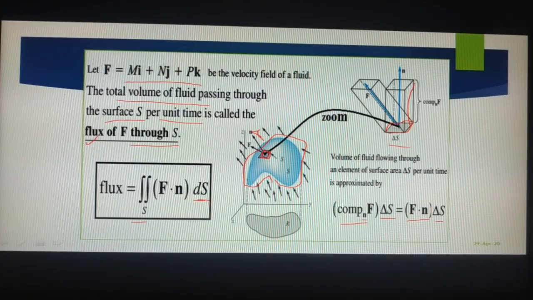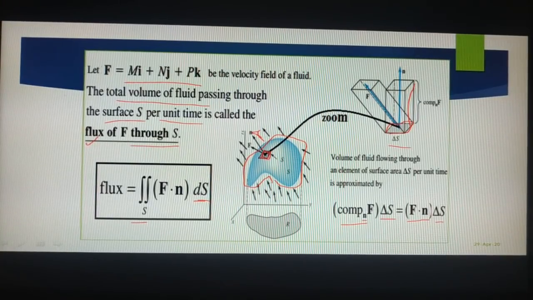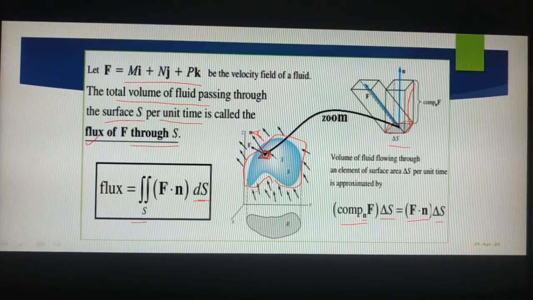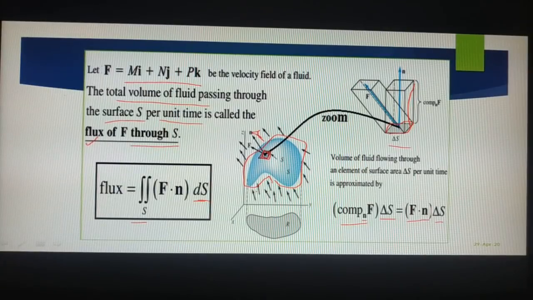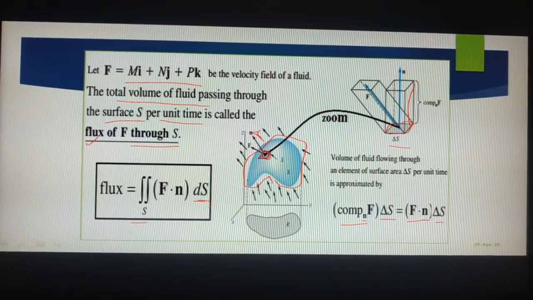Sometimes it may be at a certain angle to the xy, yz or zx plane. We will take up later how dS varies; it may vary in any one direction. So we can define dS as dy dz into i plus dx dz into j plus dx dy into k. We will see those formulas in our coming slides.